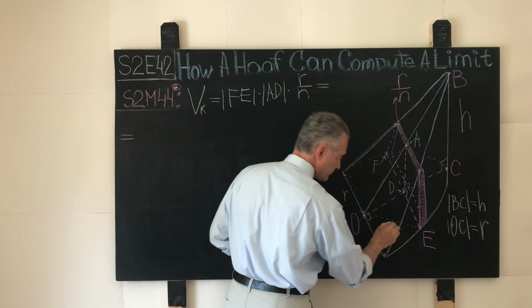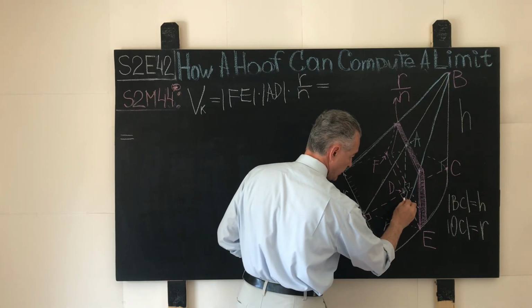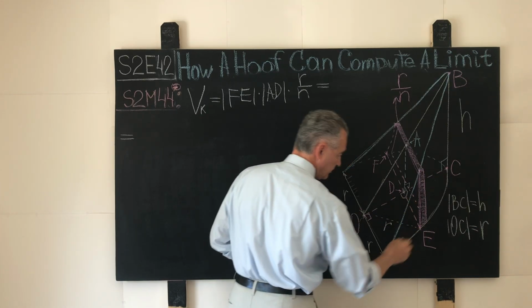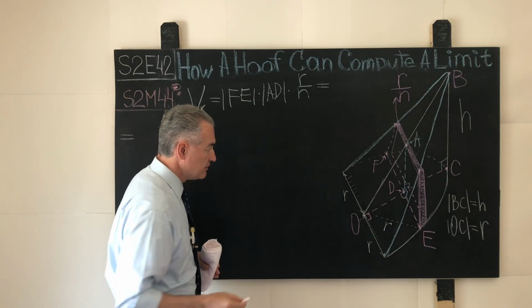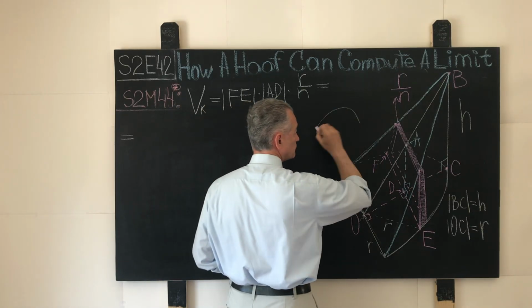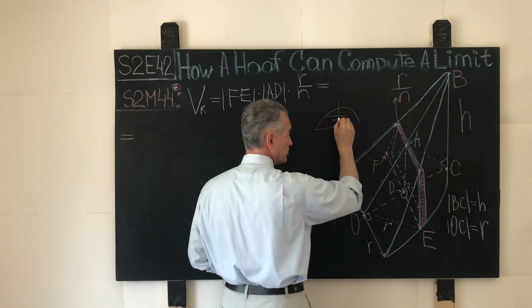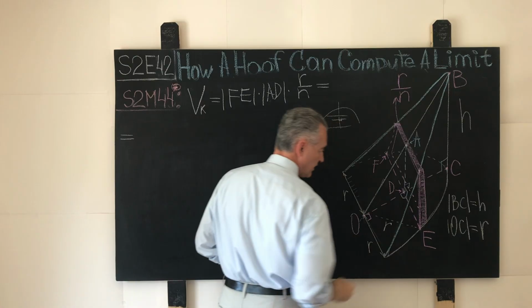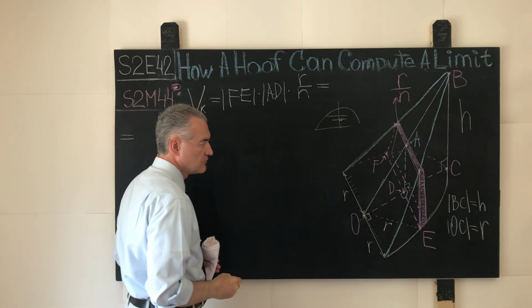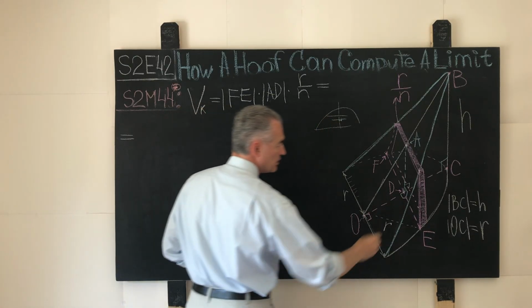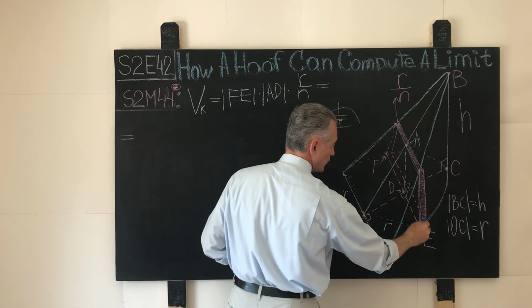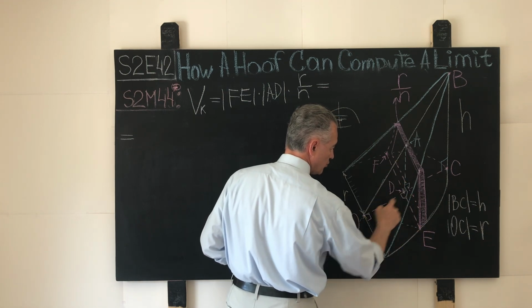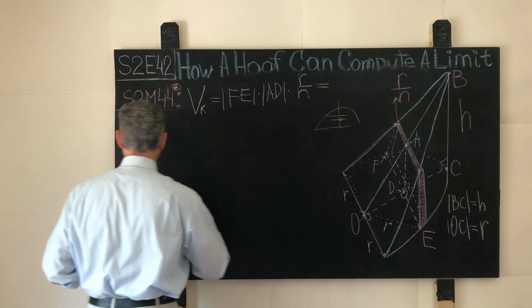Well, this will be the radius, and the triangle ODE, you should really write it down. Remember, from our construction, these triangles over here will be right. The triangle ODE will be right. So the distance FE from this right triangle ODE, let's write it down over here.